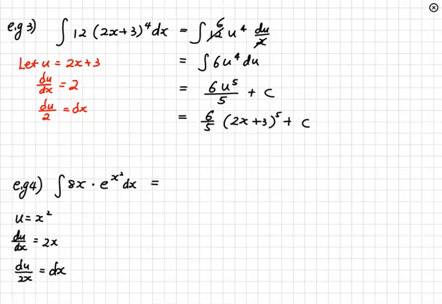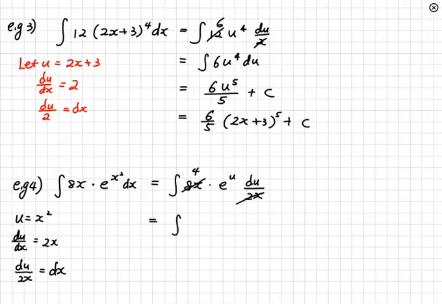Now it's time to do the substitution. So I have ax times by e to the power of u. Replace the dx with du on 2x. Great, I can simplify further and my 2x is gone and ax becomes 4.